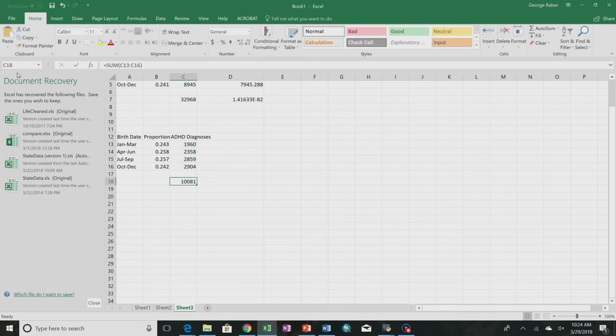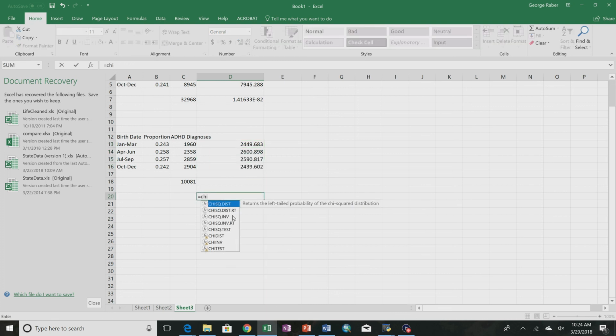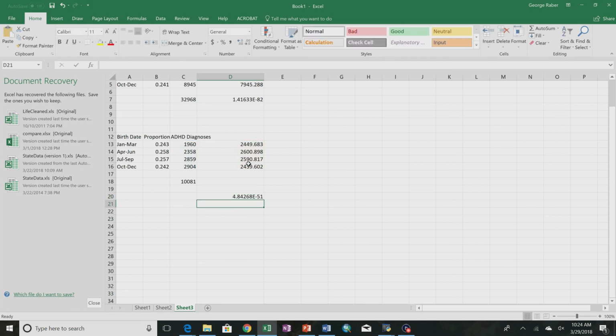And then call this G tot for girl total equals this times that. Fill down and say equal to chi-squared test, actual and expected, and there is the chi-squared.